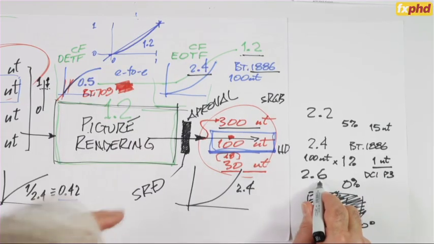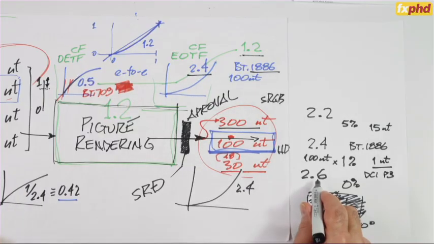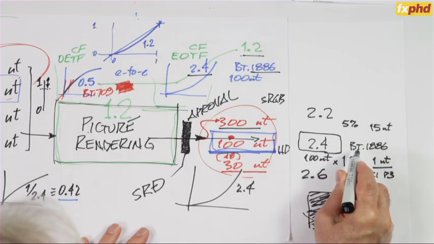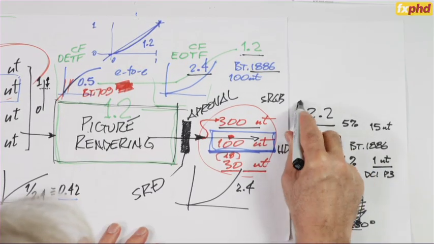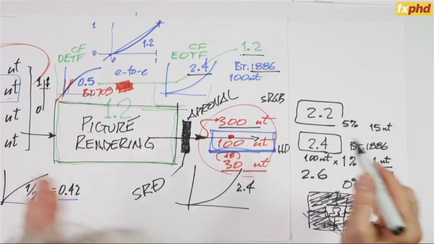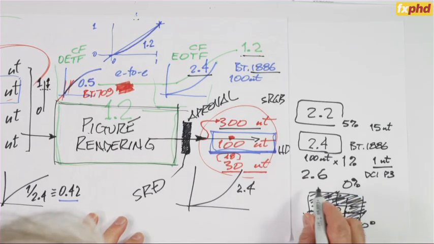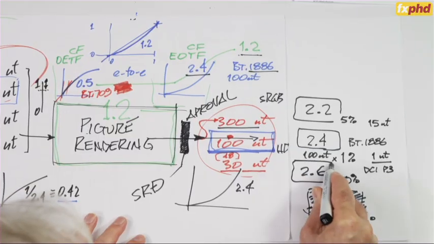So it's an important aspect of color science for imaging that you've got gamma values, 2.4 for HD standard, 2.2 for desktop computing, which is also effectively used in consumer electronic television, and 2.6 for digital cinema.